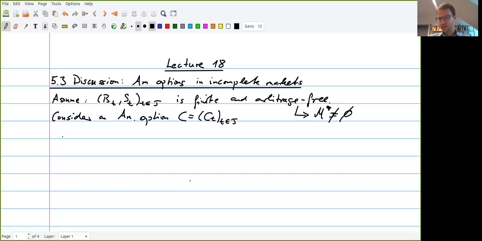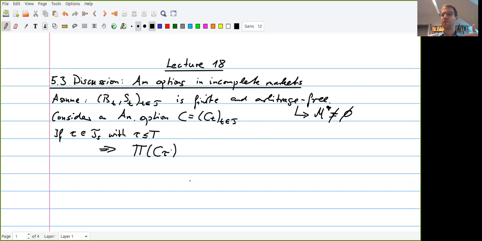And this is something where you see there might be issues with the proofs we have developed last time. So if we take the stopping time tau, which should be an exercise strategy of our American option, we assume that tau is less or equal than T. Well, then we consider the price of the corresponding European option, the stopped American one.